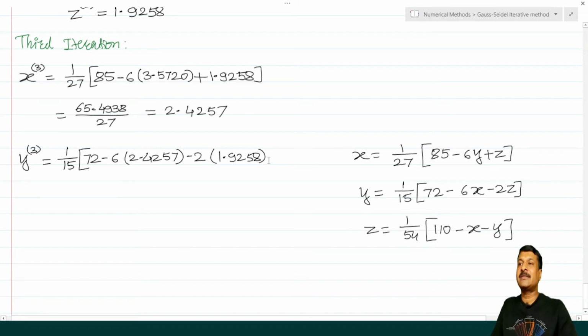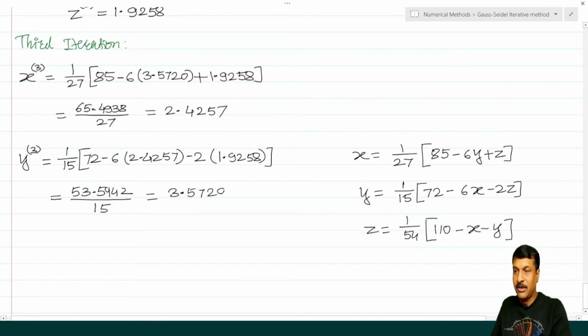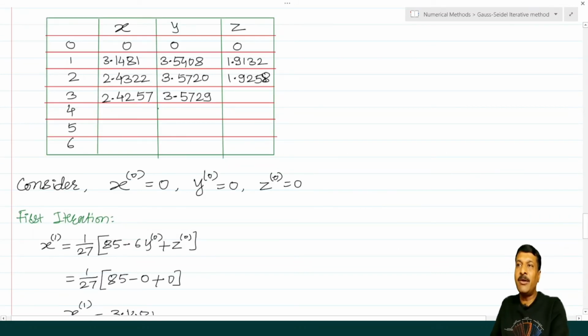You check this table. So bracket close. So I am getting here 72 minus 6 into 2.4257, so 53.5942 divided by 15. So that is equal to 3.5729. So you can observe here the values of y and z are the same up to 3 digits.